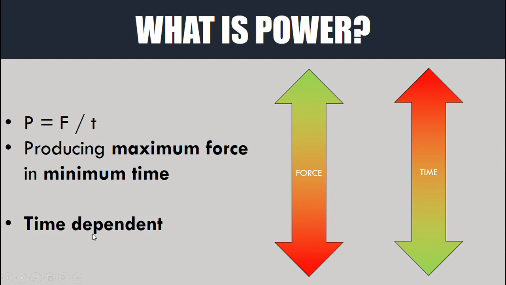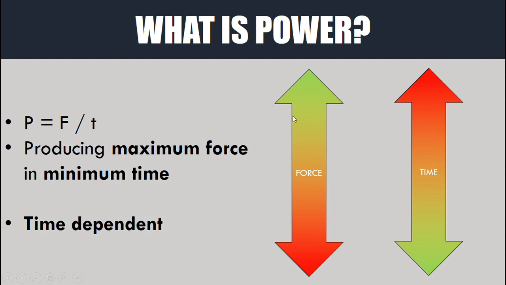Essentially, in athletic movements, power refers to how much force we can produce in a set time rather than in minimum time, because different movements are going to have different amounts of time they take to complete. So for example, in a shot put, the athlete has a given amount of time, maybe a second, to throw the ball as far as possible. They spin around the ring, and that last spin might take somewhere around 1 second to complete.